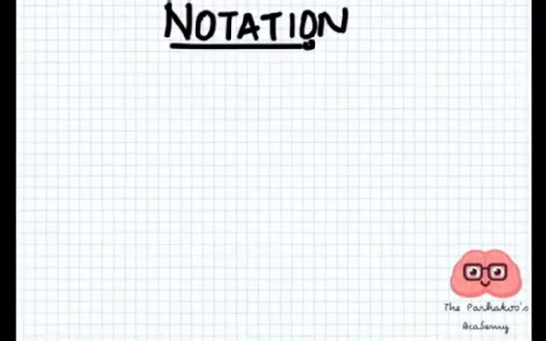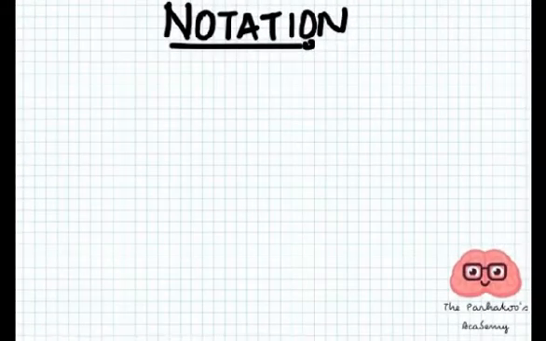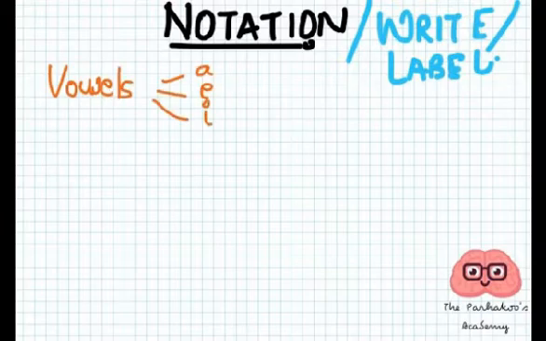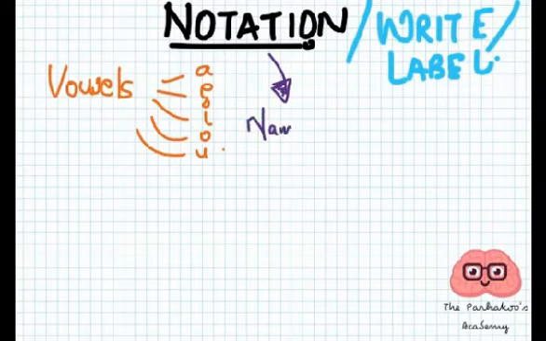Now let's see how we notate or write a set. Let's take the same example of the vowels. So we have vowels are A, E, I, O, U. When it comes to notating a set, we name the set, and to name a set we use capital letters.